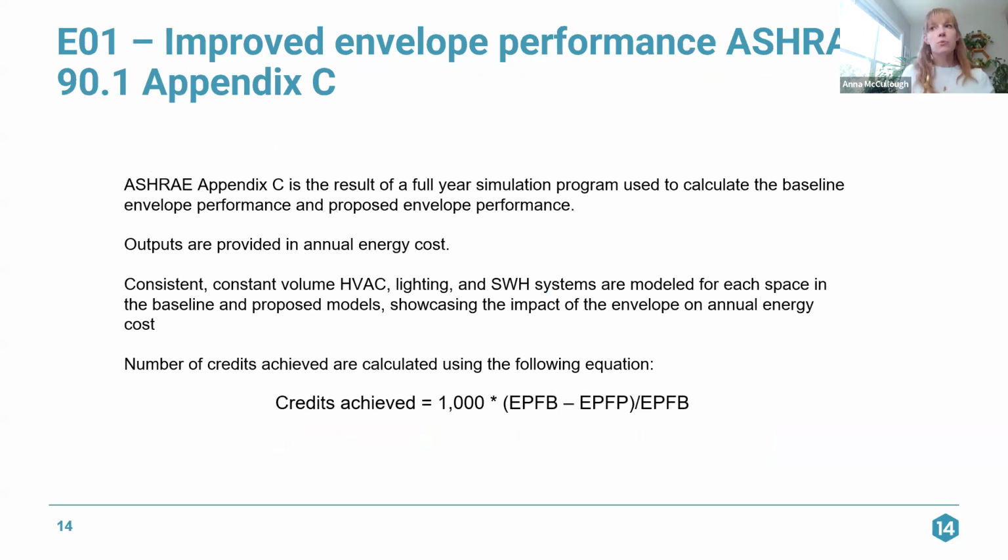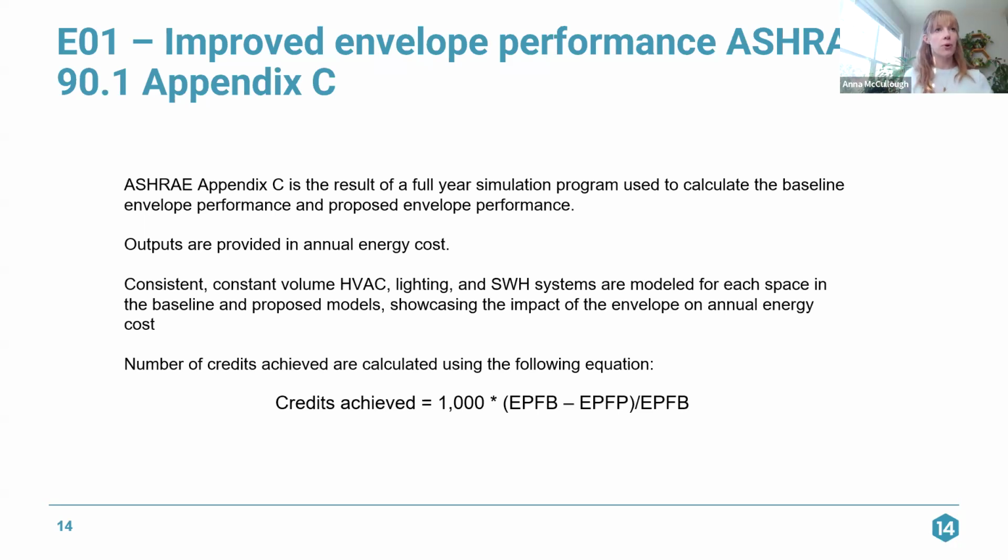So credit E01 is improved envelope performance based on ASHRAE 90.1 Appendix C. So ASHRAE 90.1 Appendix C is a modeling protocol for a full annual energy model simulation using local weather data to calculate the impact that your envelope has on your building's annual energy cost.